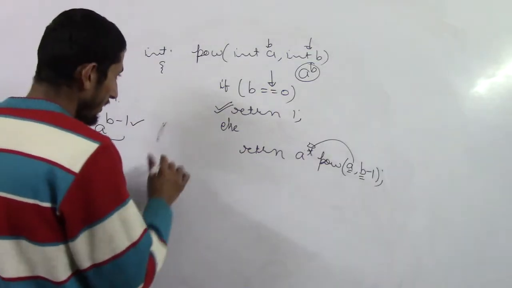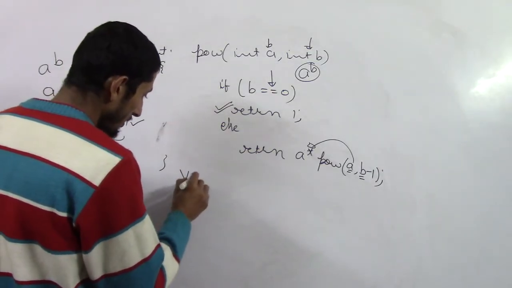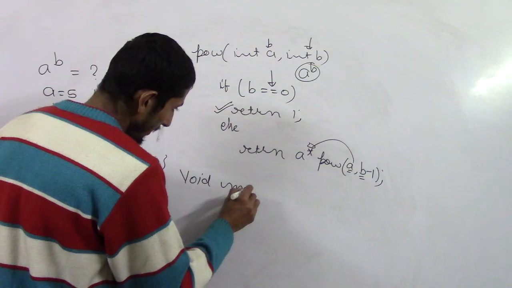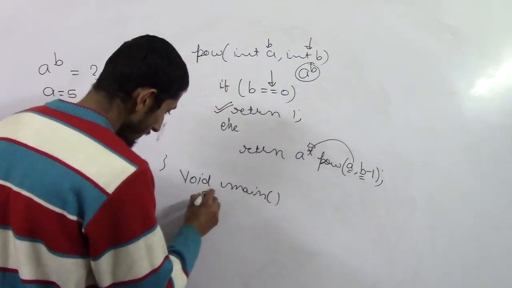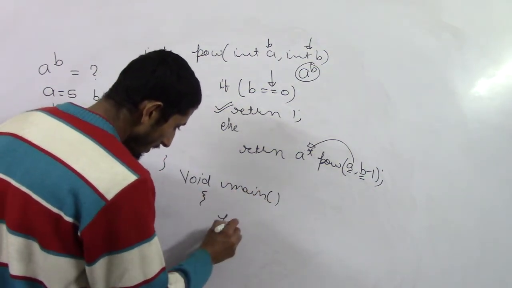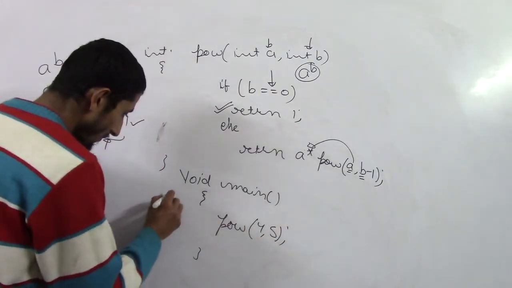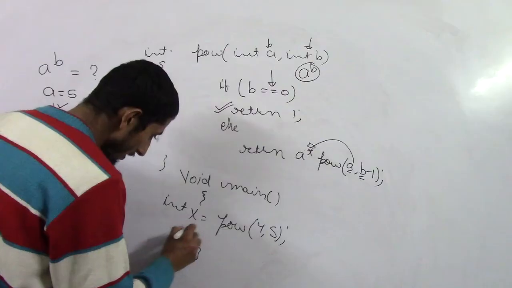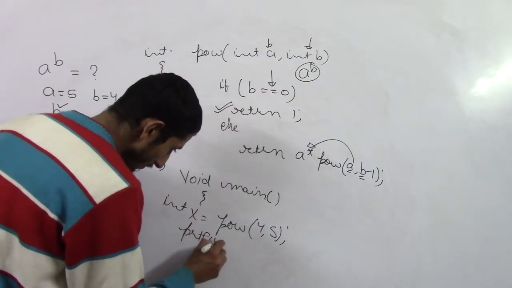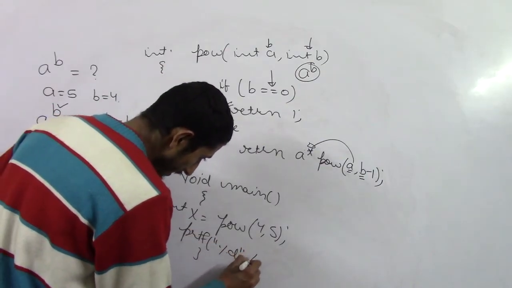Inside void main, in a simpler manner, you can call the power function like this. You can save the result in a variable x and print x. Let me explain the working again.